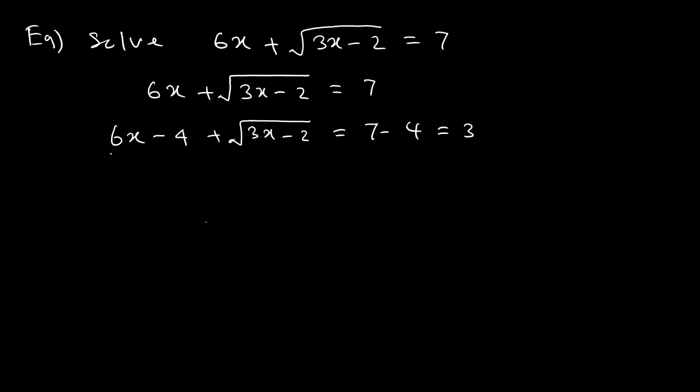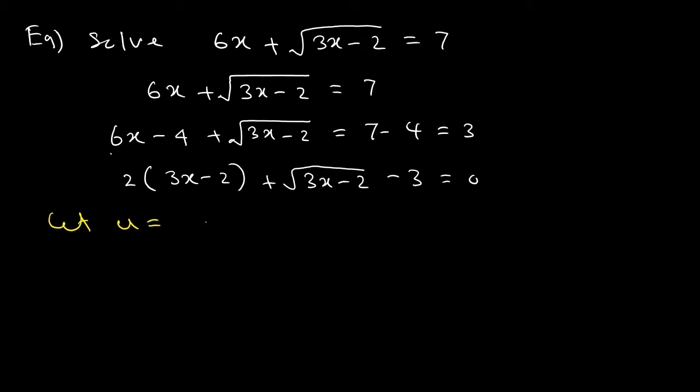So then you can write this equation as 2 times (3x minus 2) plus the square root of (3x minus 2) minus 3 equals 0. Now, as before, we're going to say let u equal the square root of (3x minus 2).